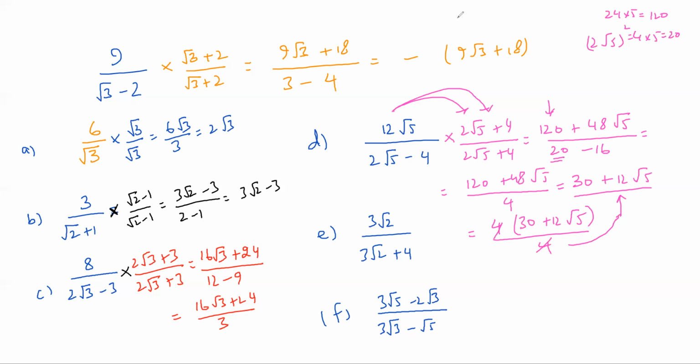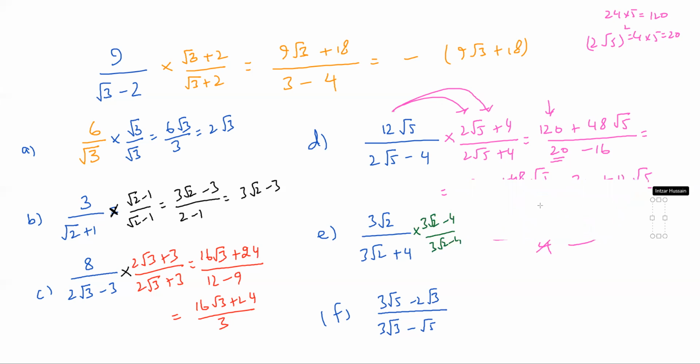Now for this one here, you will multiply this with 3 under root 2 minus 4 over 3 under root 2 minus 4. Okay, so yes, this is minus 1.